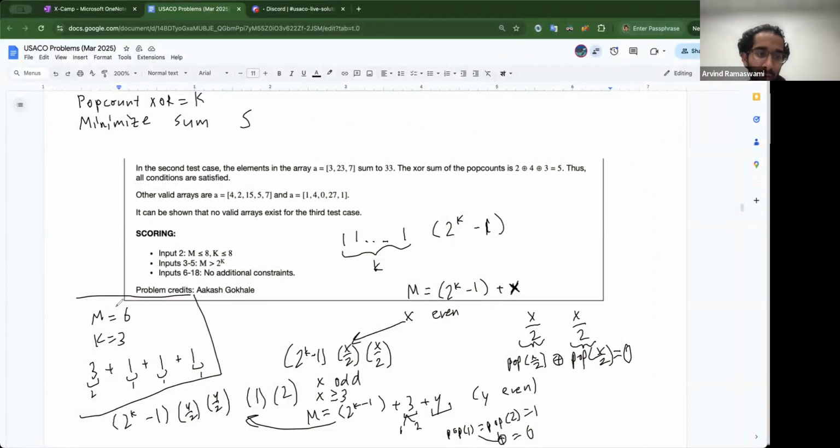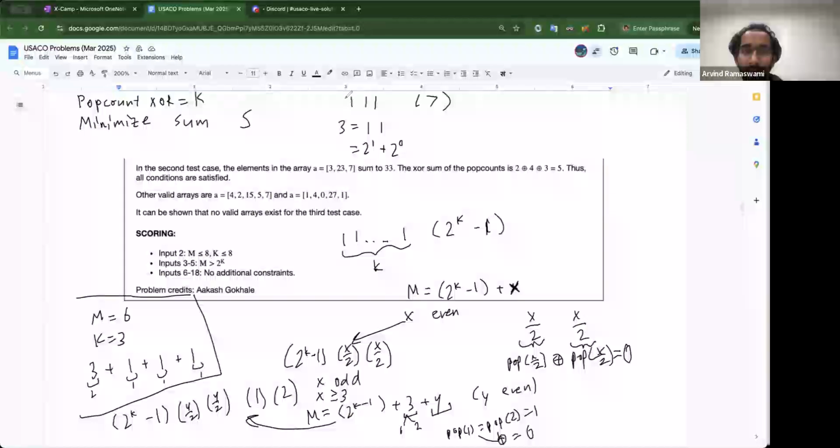So let's talk about how s would actually look. For m equals 6, looking at this case, one candidate where the XOR of the pop counts is equal to 3 is the 7. But we can also consider the binary representation of 3, and write it as 2 to the 1 plus 2 to the 0, right?